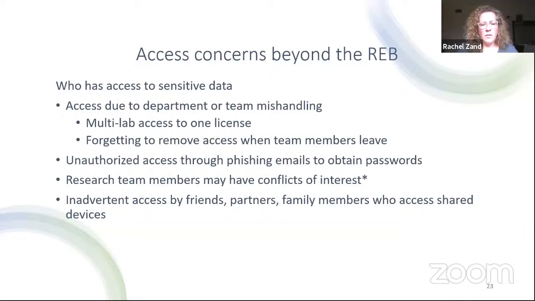So there are also concerns that extend beyond the Research Ethics Board, and it's important to figure out who these should then apply to. So who has access to sensitive data? This would be within the research team or the PI. There may be access due to department or team mishandling. I've become aware of situations where several labs have access to one license.